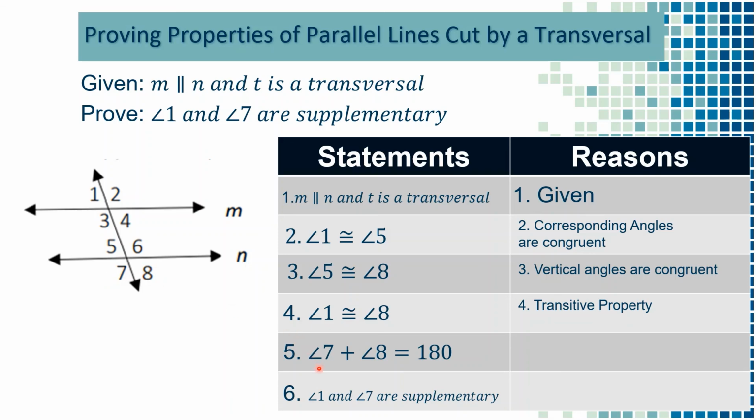So we have angle 7 plus angle 8 is equal to 180. That is under linear pair are supplementary. Okay, so we can now say that angle 1 and angle 7 are supplementary because of the same side exterior angles theorem.